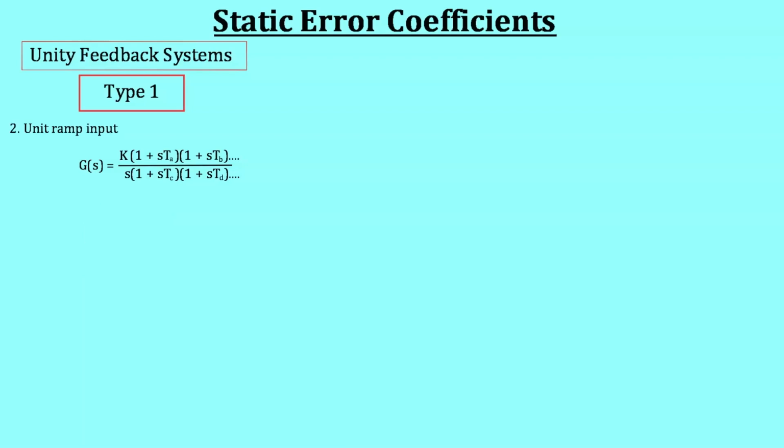Now let's consider the case of unit ramp input. And just now we studied that for unit ramp input we have the static velocity error coefficient, which is defined as the limiting value when s tends to 0 of the expression s multiplied by the Laplace transform of the feed-forward function. And after finding the value of static velocity error coefficient, we can also find the value of steady state error.